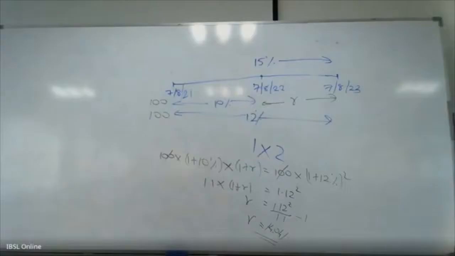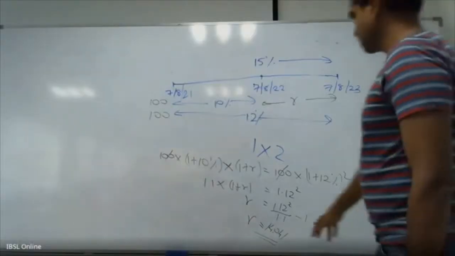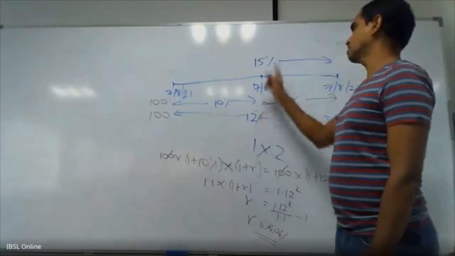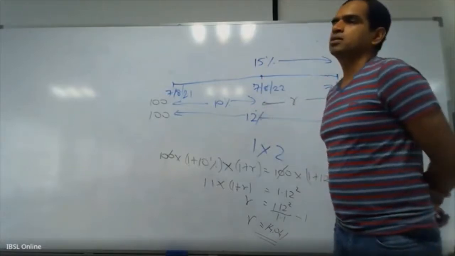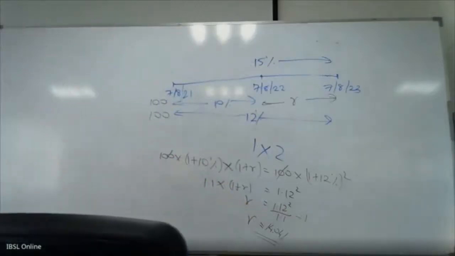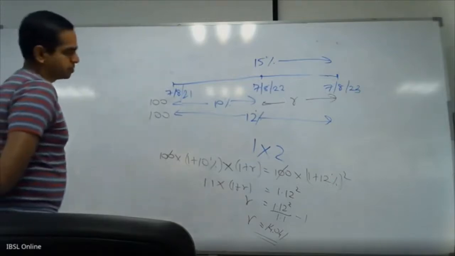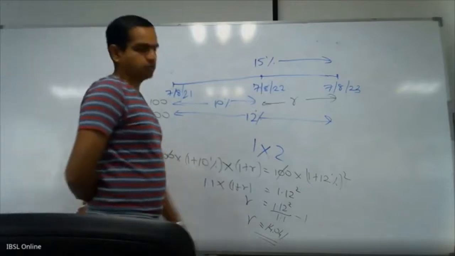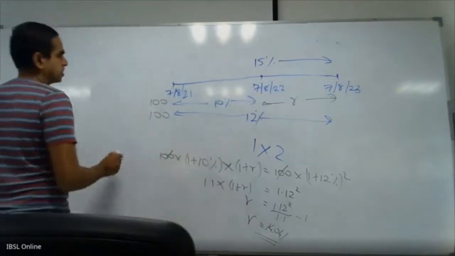He will gain. He will gain because he has agreed to borrow at 14.04%, whereas after 1 year the rate is 15%. So how will you calculate the gain? Yeah, he has a 14.04% benefit, right?